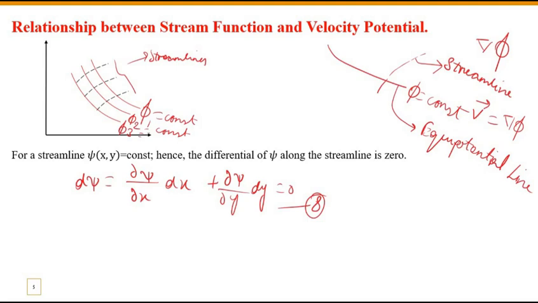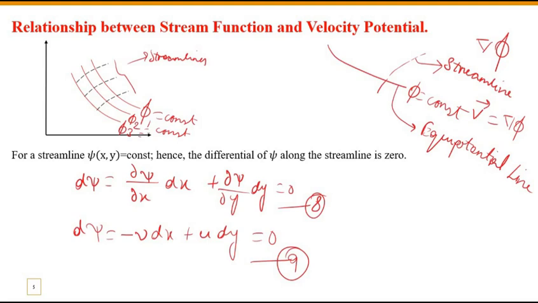Now from our stream function, we know which is u and which is v, correct? If I substitute u and v, dou psi by dou x would be my minus v, so here it will be minus v dx plus u dy equal to 0. So this is our equation 9.